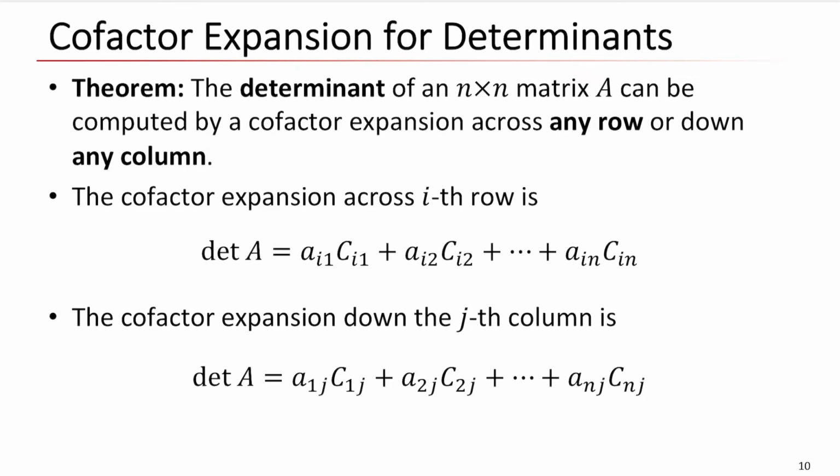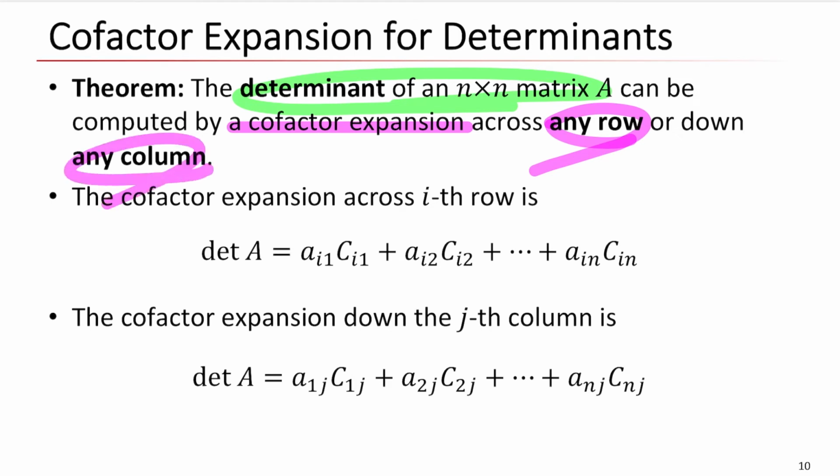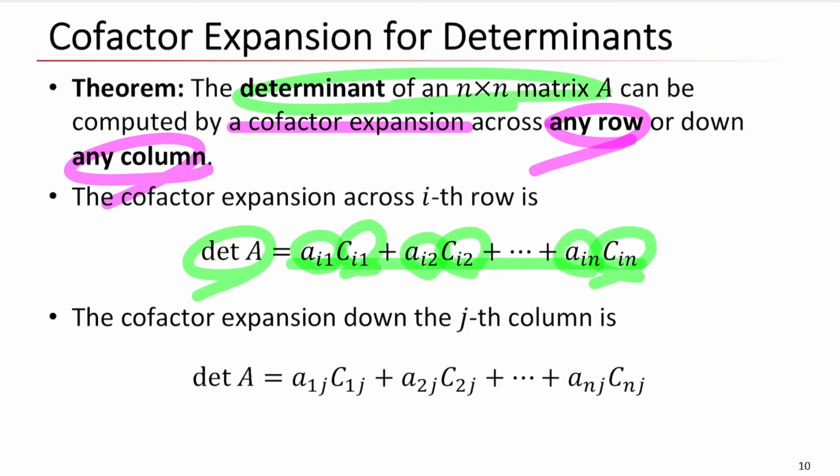So here's the theorem. The determinant of the n by n matrix A can be computed by the cofactor expansion across any row or any column. In other words, the determinant of matrix A can be computed as Ai1 Ci1 plus Ai2 Ci2 plus Ain Cin.